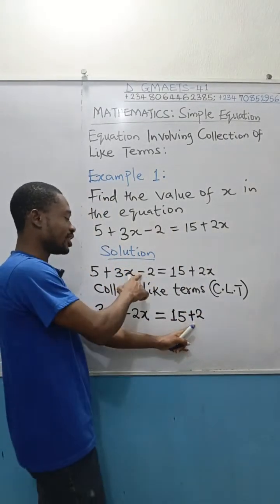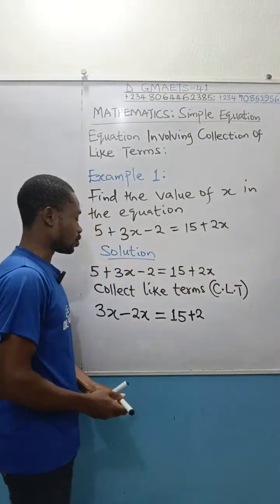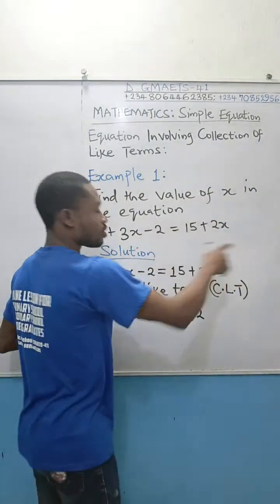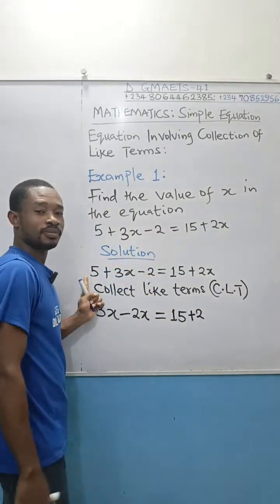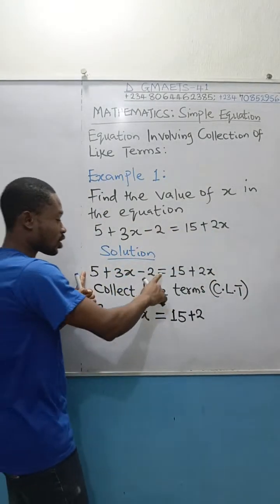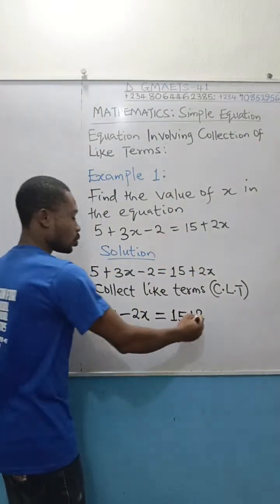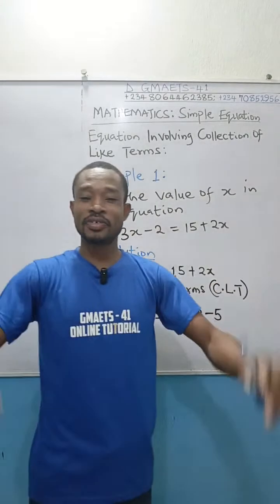This plus is this minus that has changed because it is crossing equal to sign. Again, this plus 5 will go to the right-hand side. I will remove it from the left to the right-hand side. This plus 5, if it crosses this equality sign to go to the right-hand side, the plus will change to minus. So this becomes minus 15.